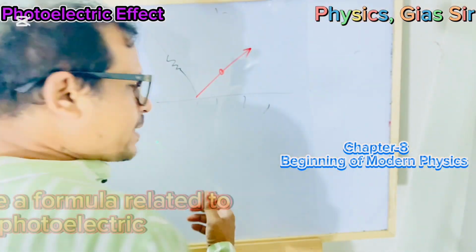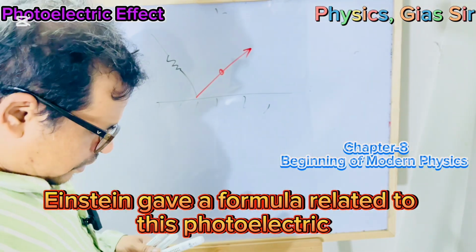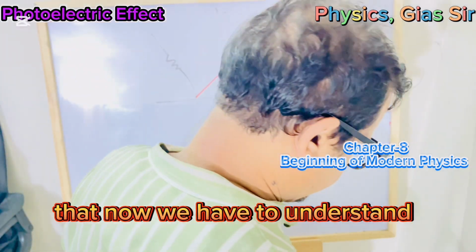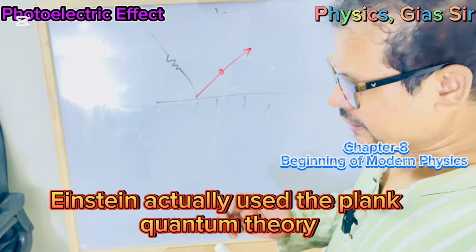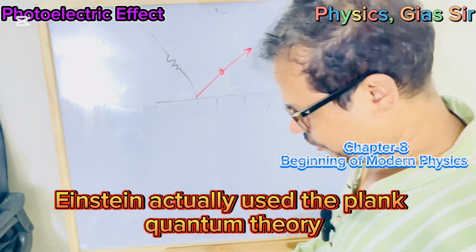And Einstein gave a formula related to this photoelectric effect. Now we have to understand. In 1905, Einstein used the Planck quantum theory.